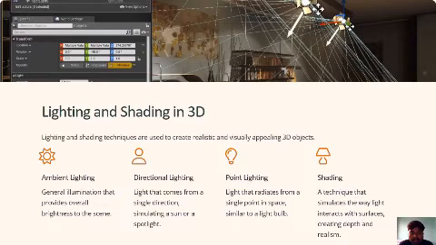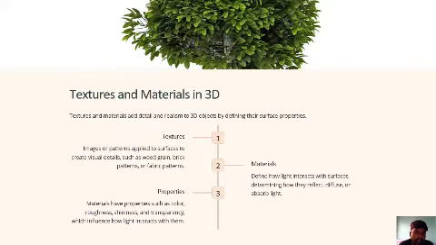Light that radiates from a single point in space, similar to a light bulb, is called point lighting. The technique which simulates the light from all sides and provides a realistic view to the user is called shading. These are the important lighting and shading techniques in 3D.